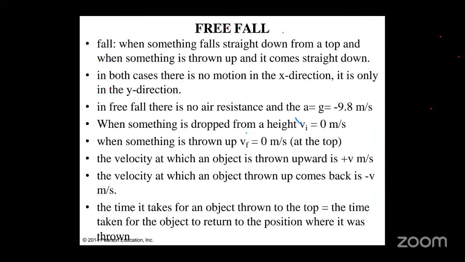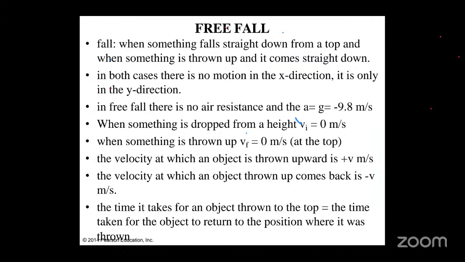And when an object is thrown upward, at the maximum height, before it turns around and begins to come down, it will experience a moment of rest. So at that point, the final velocity is always equal to zero.